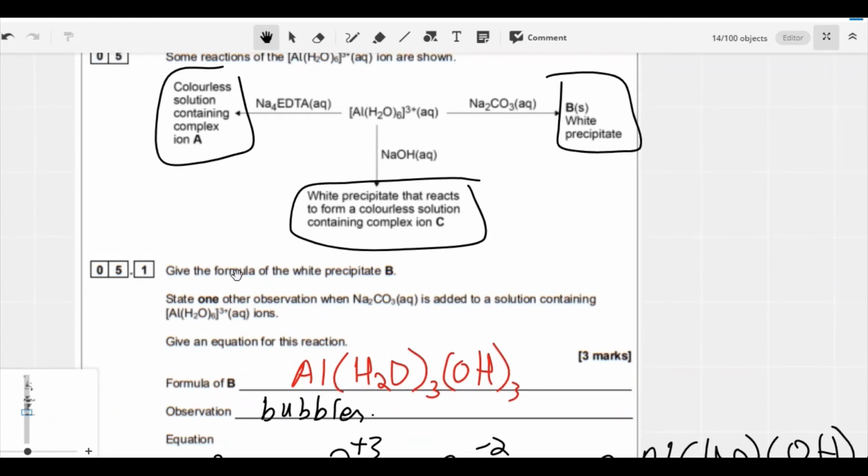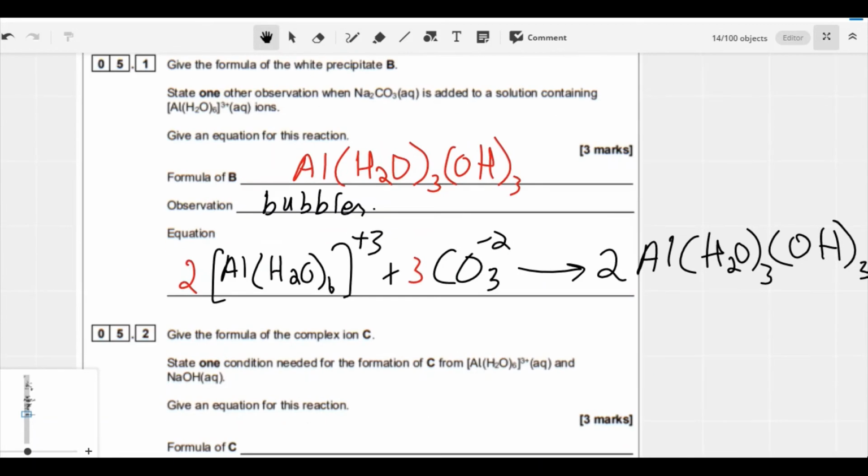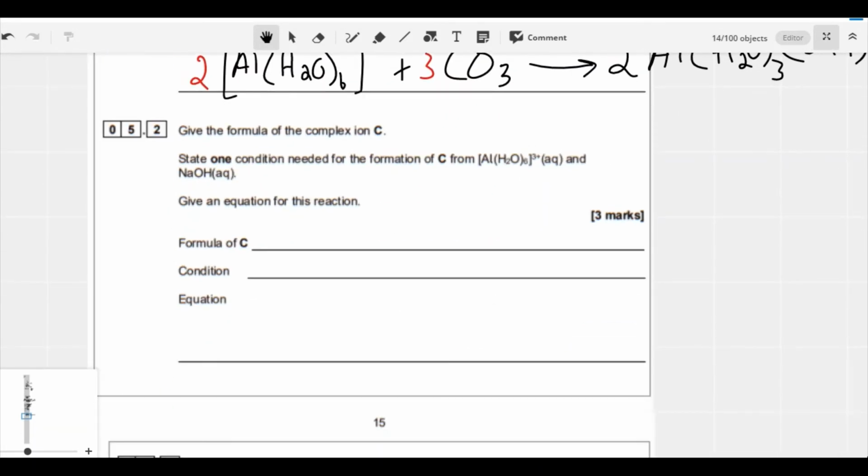The condition should be that the sodium hydroxide will be in excess. Then it can react completely. So the condition that you can write is excess NaOH.